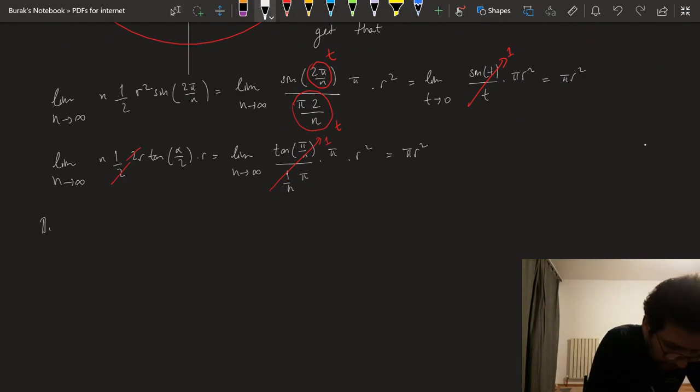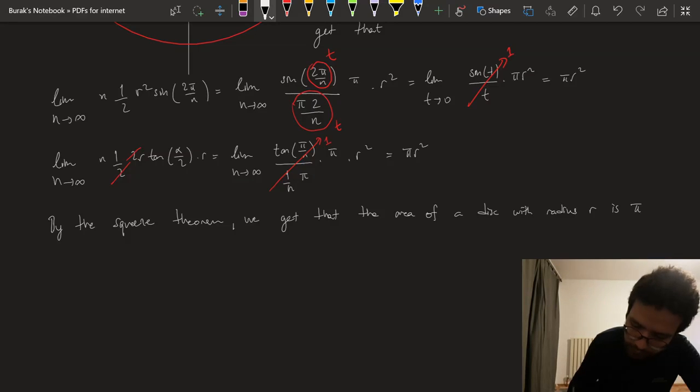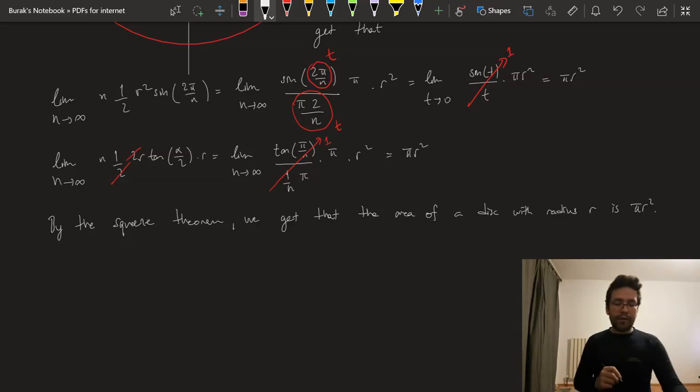So by squeeze theorem, we get that the area of a disk with radius r is pi r squared, okay?